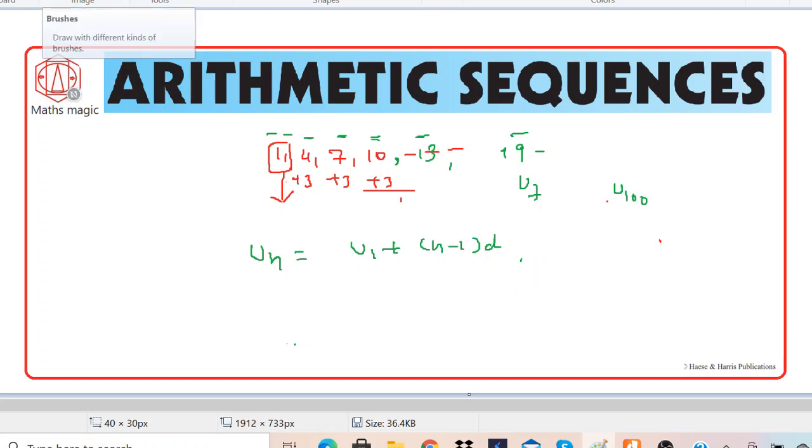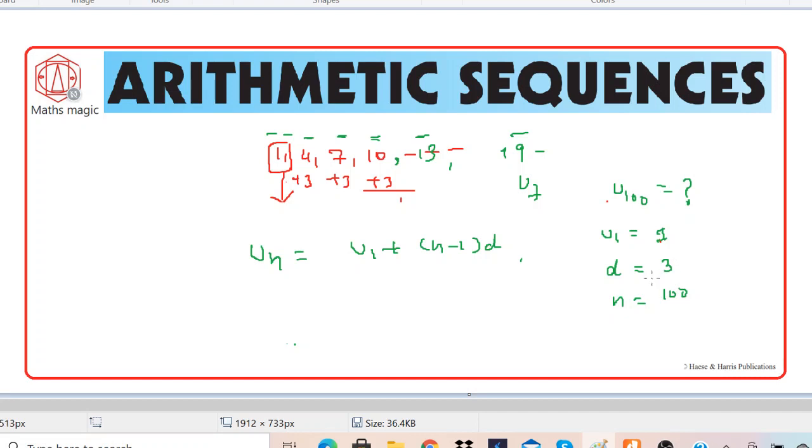We have the first term, u1 as 1 itself, and you know the common difference, which is plus 3. And we are looking for u100, the 100th term, so your n is going to be 100.